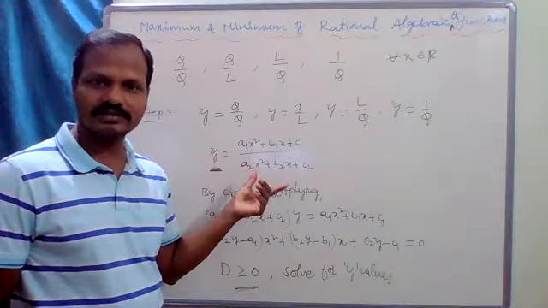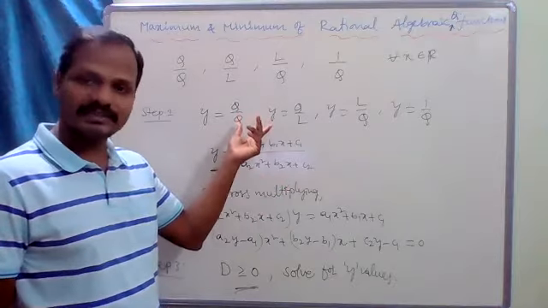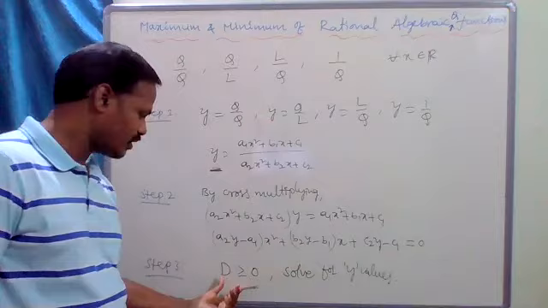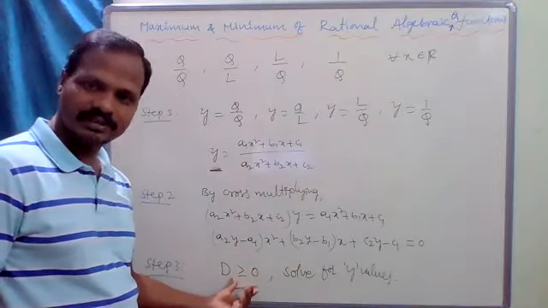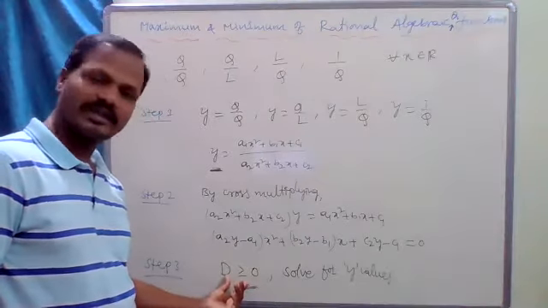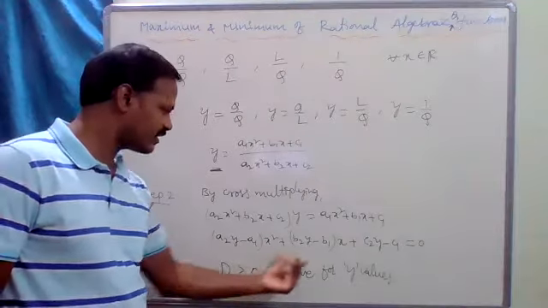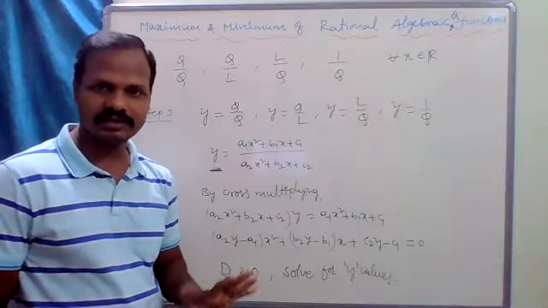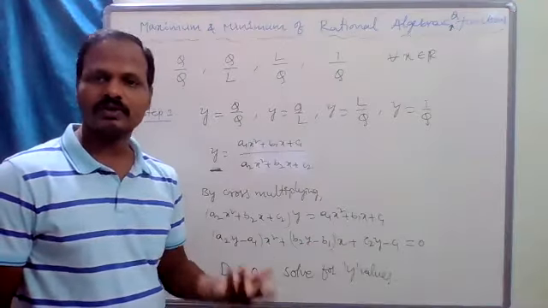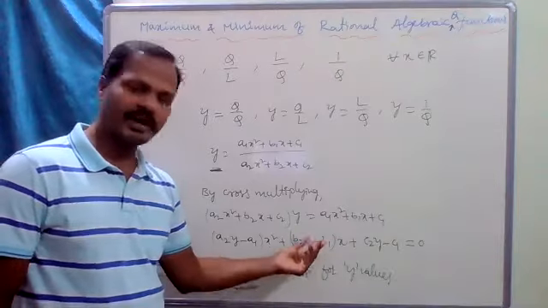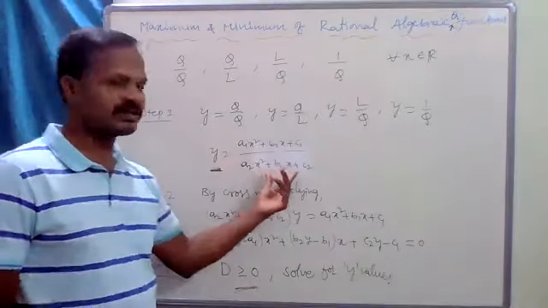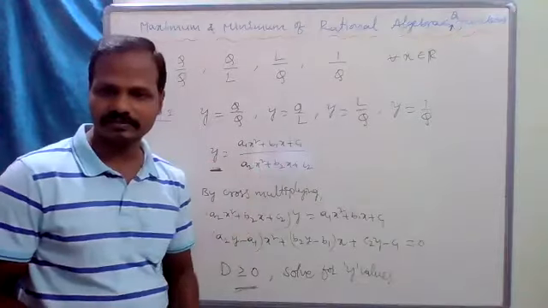Solve this for x belongs to R. So since x is real, discriminant must be greater than or equal to 0. If you apply that, you will get an equation in y. It may be a quadratic equation or linear equation in y. So that you can find the minimum and maximum of y, which is nothing but that of the given expression.